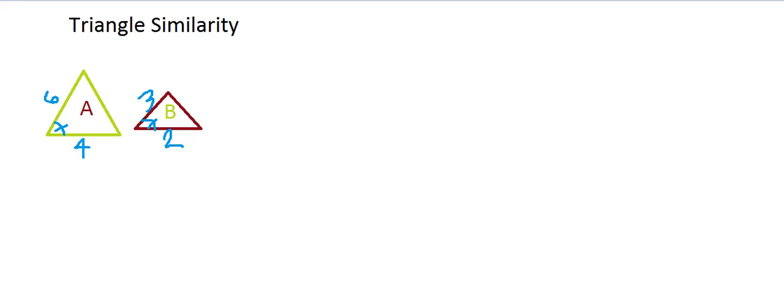Now, we're going to check if the proportion this time 6 is to 3 is proportional to 4 is to 2. Now remember, 3 and 4 are our means, right?